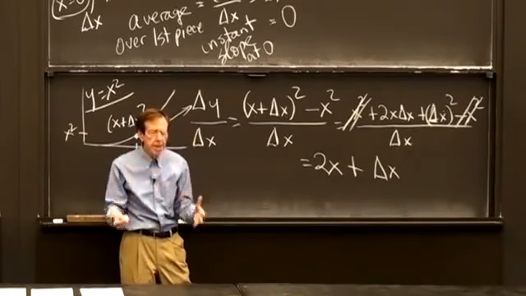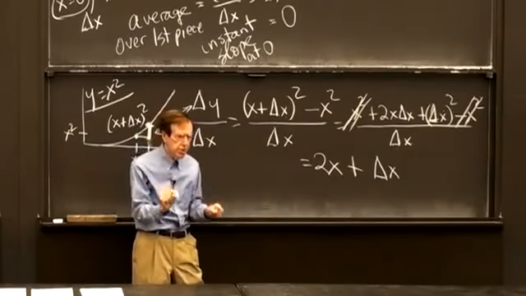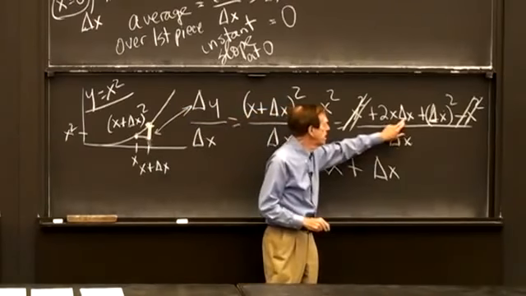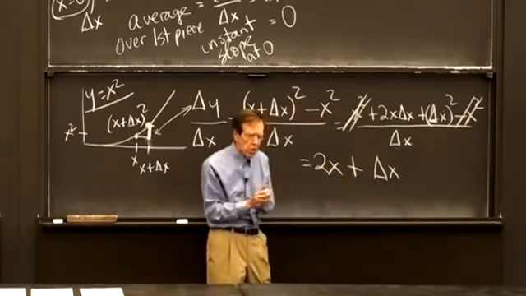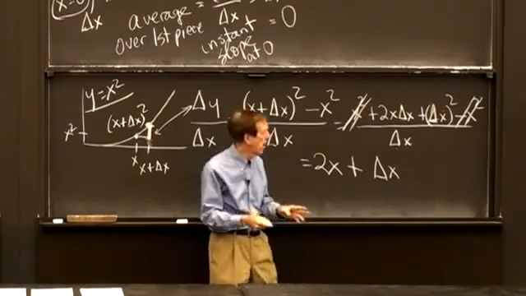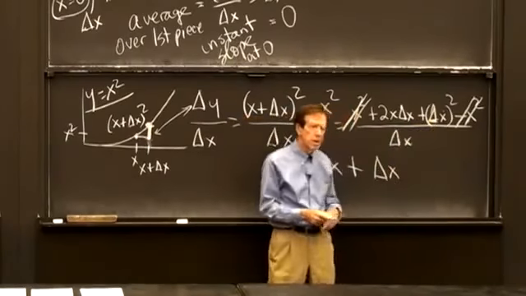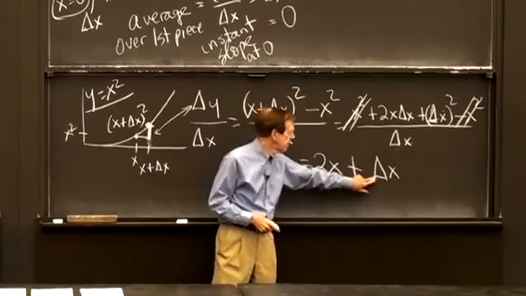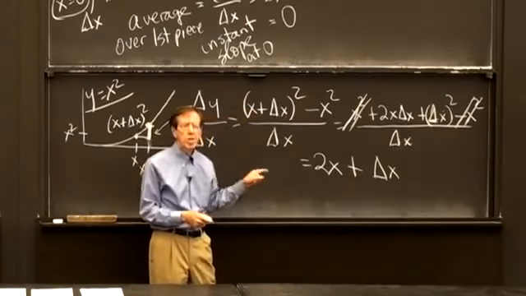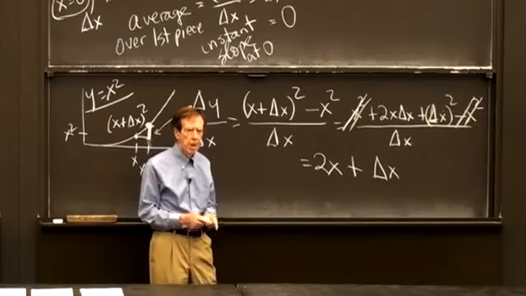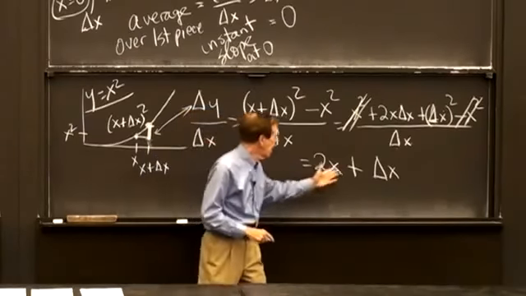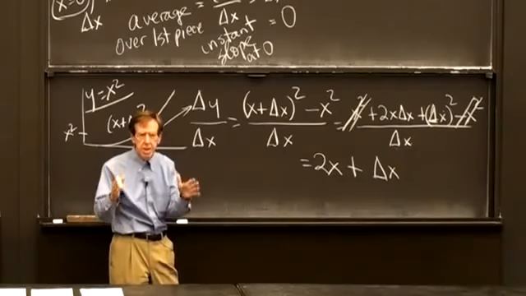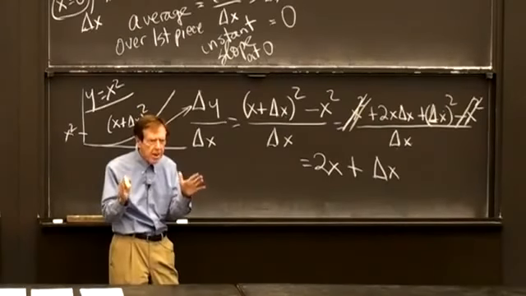As you get the hang of calculus, you see the important thing is this first order, delta x to the first power. Delta x squared, when divided by delta x gives us this, which is going to disappear. That's the point.